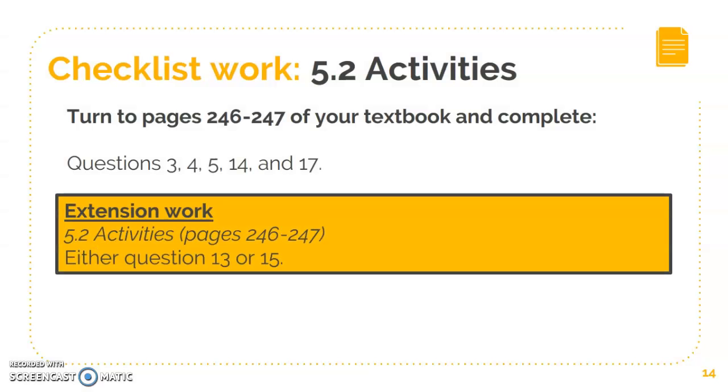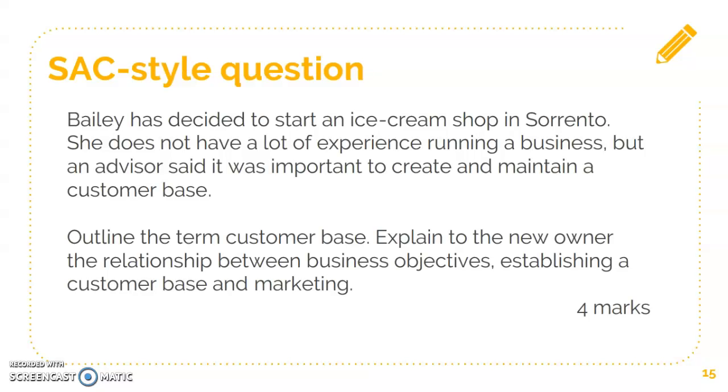Now these are the activities that you should be working on. You should have done these on Friday, but if you haven't yet done them, this is your chance to do it. And this is the question I want you to answer in your notebooks as well. Bailey has decided to start an ice cream shop in Sorrento.